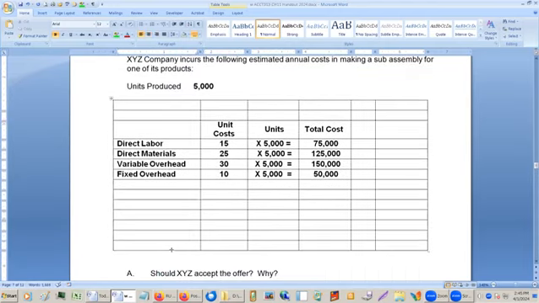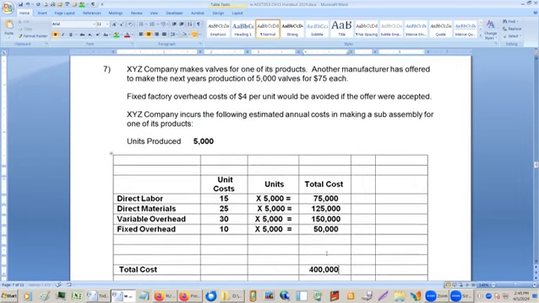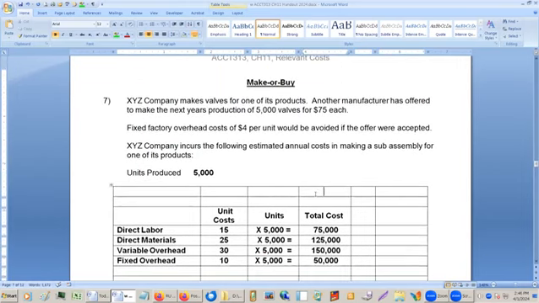So this would be the cost to make them, total cost. By the way, you could also just add all these up and multiply at once. That would have probably been quicker. Maybe you guys did that already. I don't know. Okay, so this would be the make.